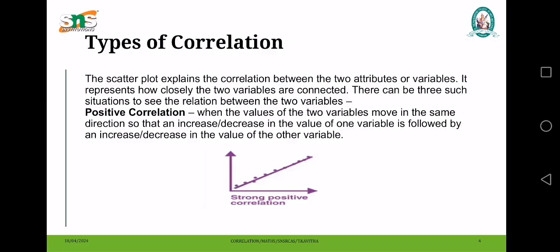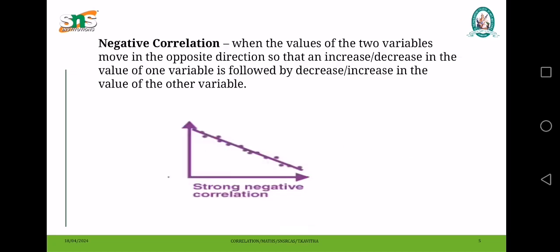Types of correlation. The scatter plot explains the correlation between the two attributes or variables. It represents how closely the two variables are connected. There can be three such situations to see the relation between two variables. Positive correlation: when the values of two variables move in the same direction, so that an increase or decrease in the value of one variable is followed by an increase or decrease in the value of the other variable.